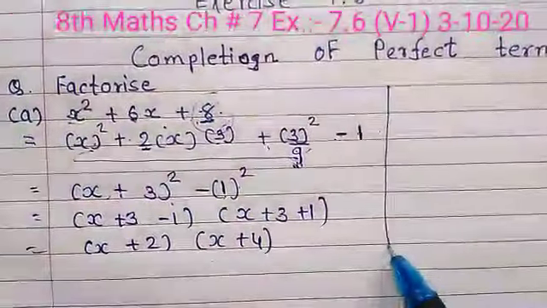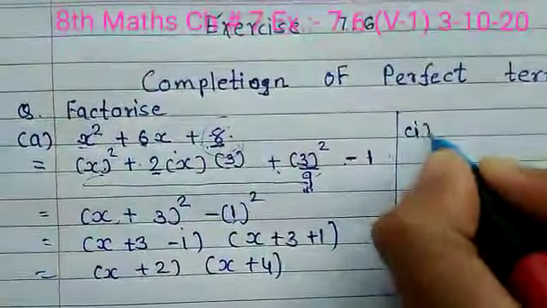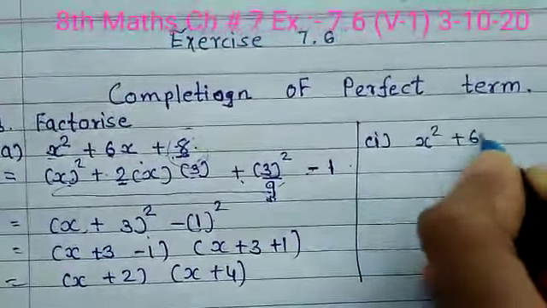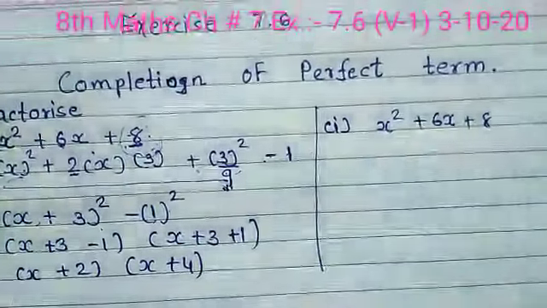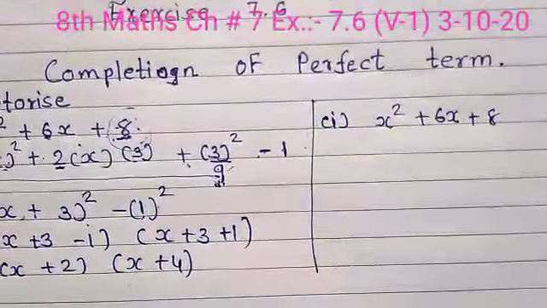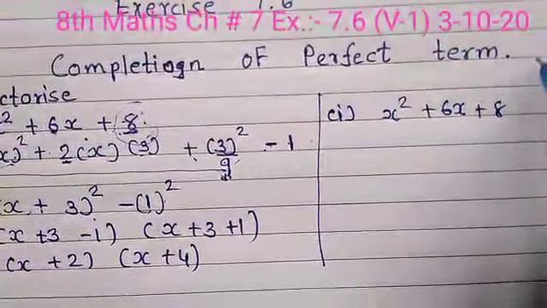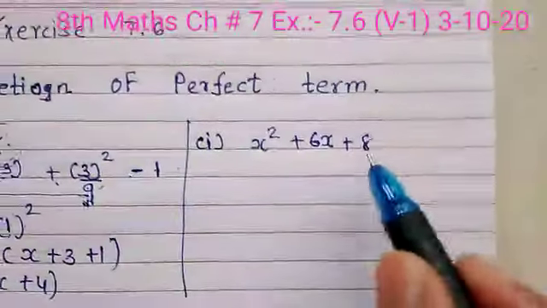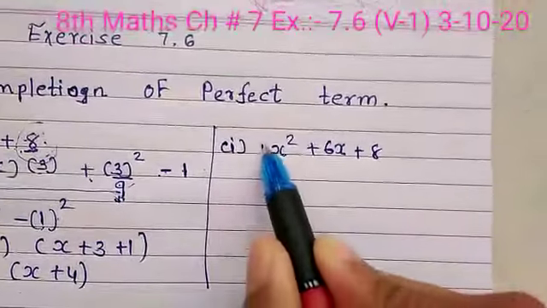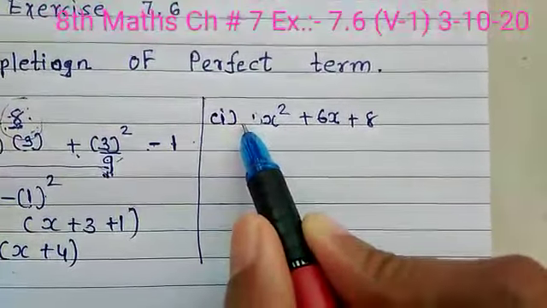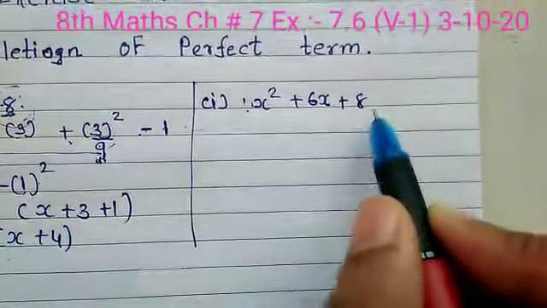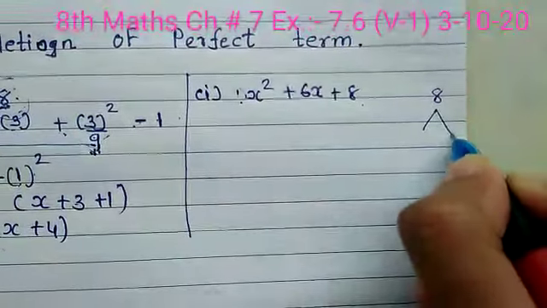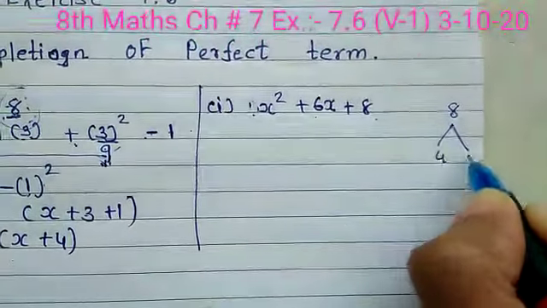Now students, if it is asked to just factorize, what will we do? x square plus 6x plus 8 is there. It is asked only to factorize, not by the completing the square method. So what can we do? Here 1 is there, that we have done in the last exercise 7.5. Here 8 is there. You have to find the factors of 8 to get 6, that is 4 and 2.